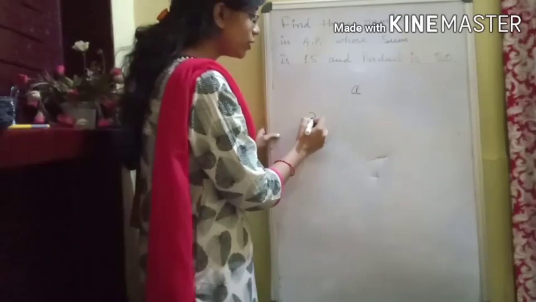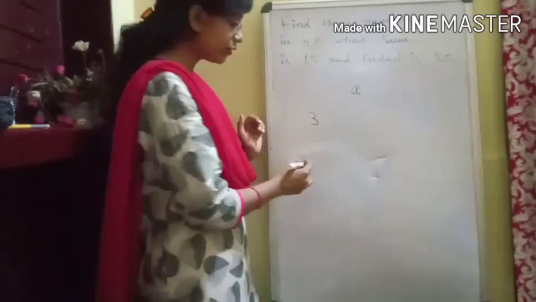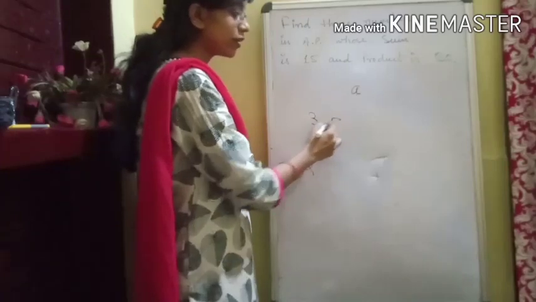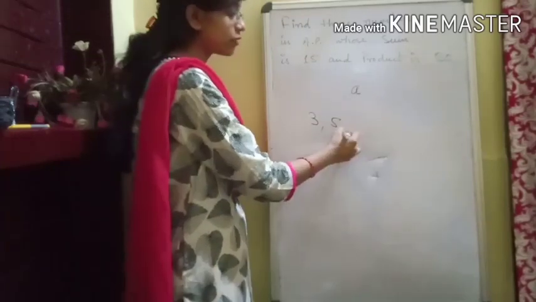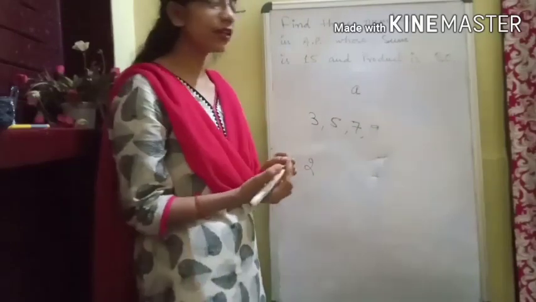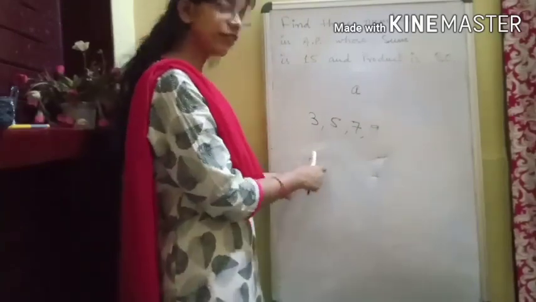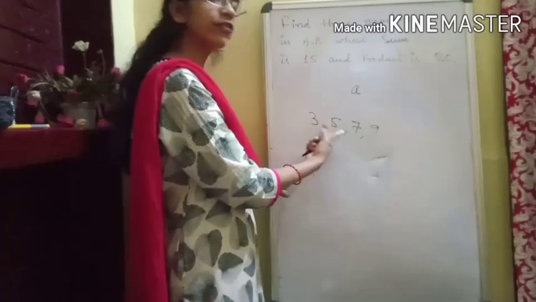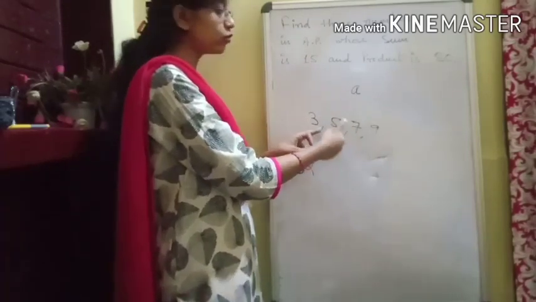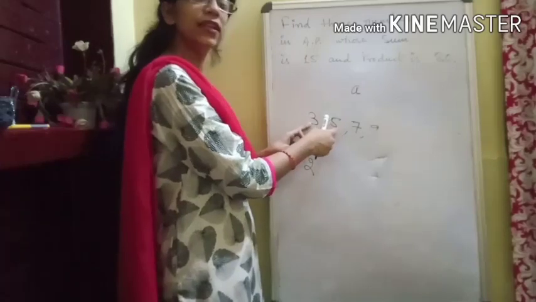Like if I have one term 3 and the common difference is 2, what will be the next term? That will be 5. What will be the next term? That will be 7. Then 9. Because the common difference is 2, every time the difference should be 2, or whenever we add the common difference to one term we will get the next term.